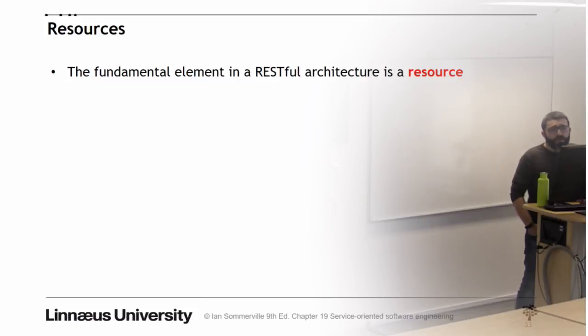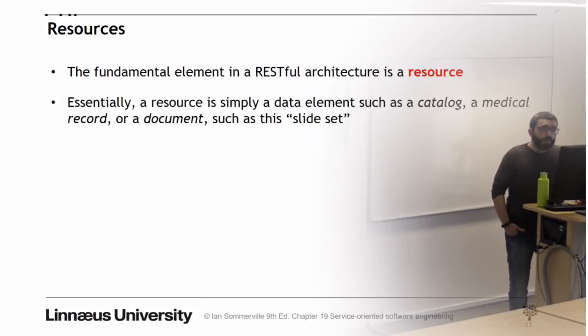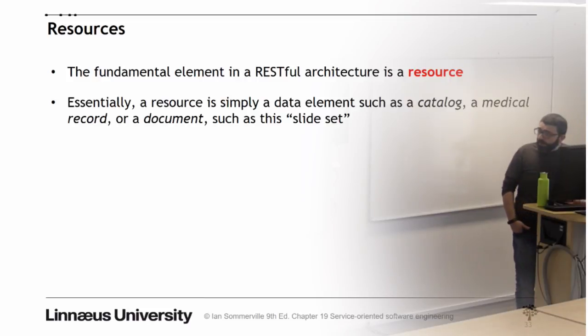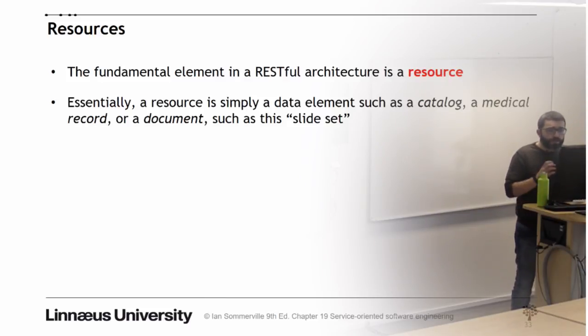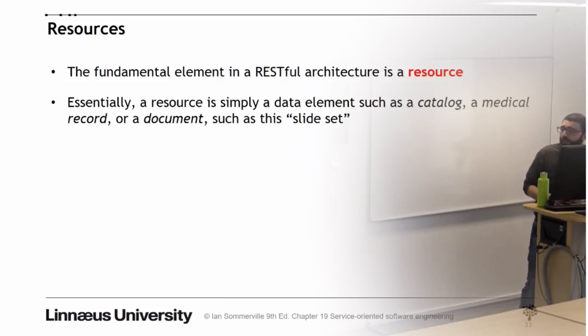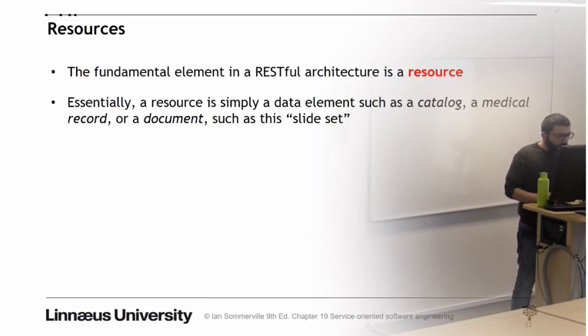Resource is the fundamental element in a RESTful architecture. That's very important. So, as mentioned before, a resource is simply a piece of data. Okay, it's a data element that can be a catalog, a medical record, a document, or this slide set. Doesn't matter. It's a piece of data that you are interested in.